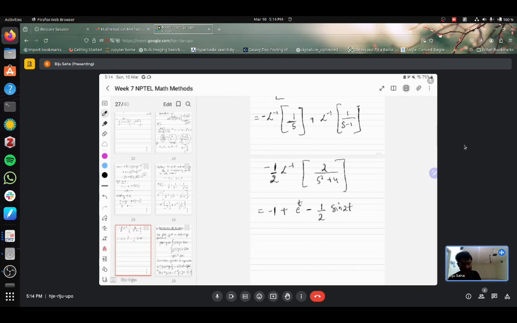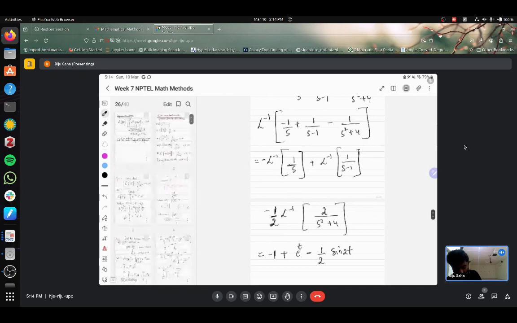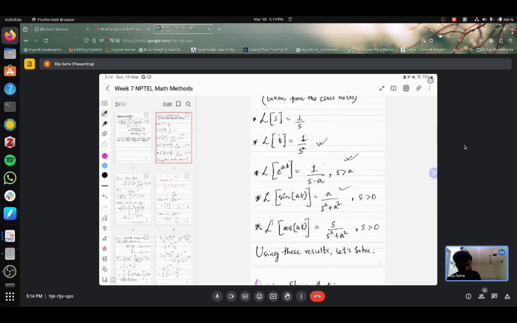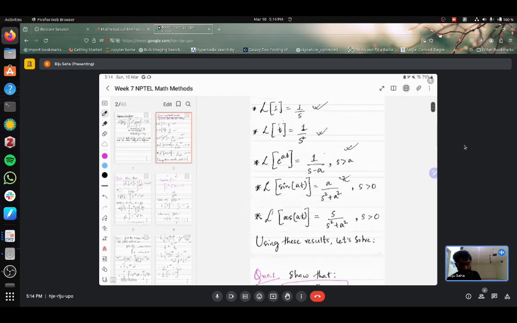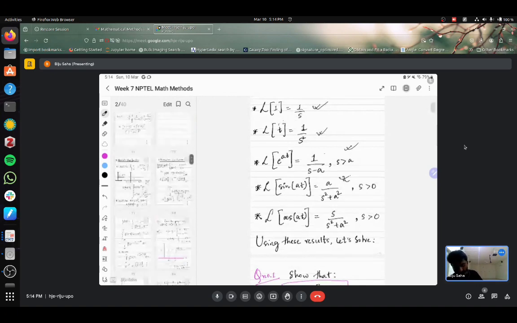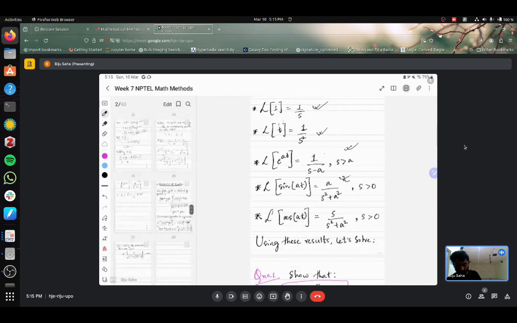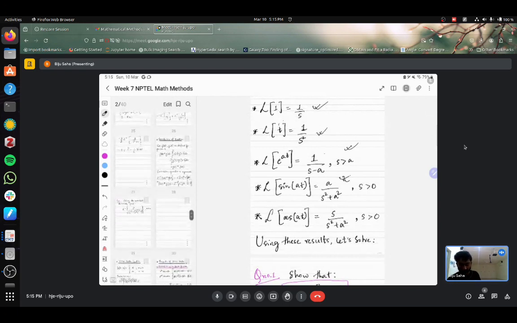All this I could say from here, like in the first table I remember I gave these forms. So I said this is some important result. From this result and from this result we could write the last two terms, and this was the first term. So these are some important results. If you keep them in mind, it will be very helpful, especially in inverse Laplace transform where you have to go backward.